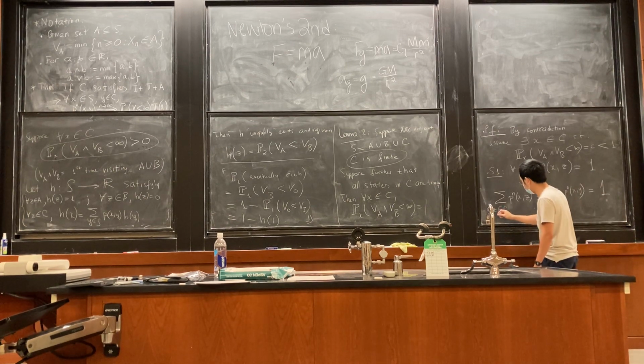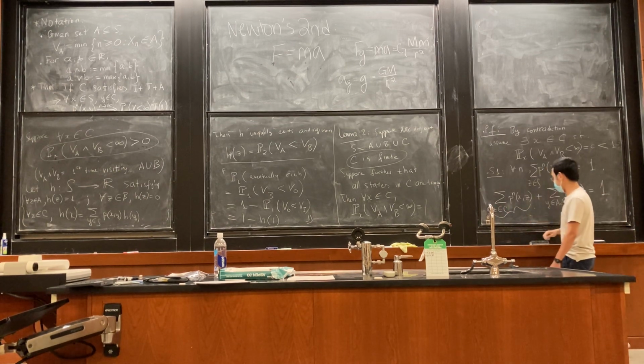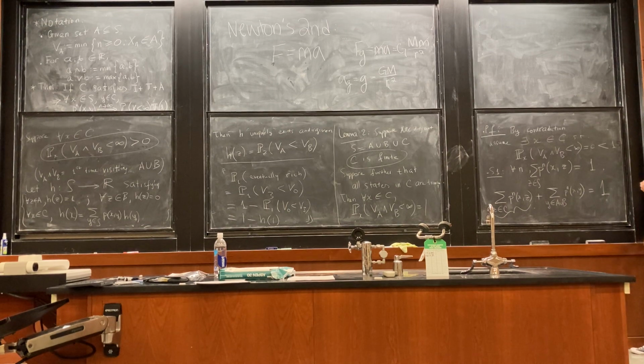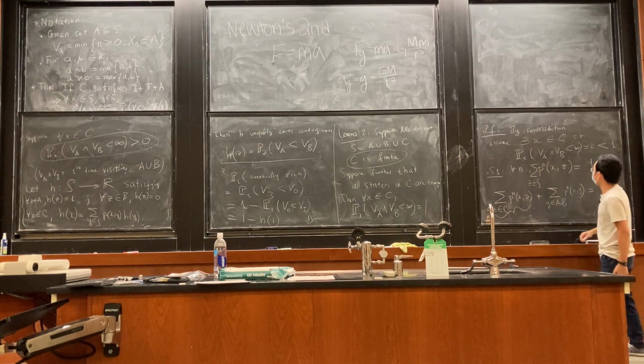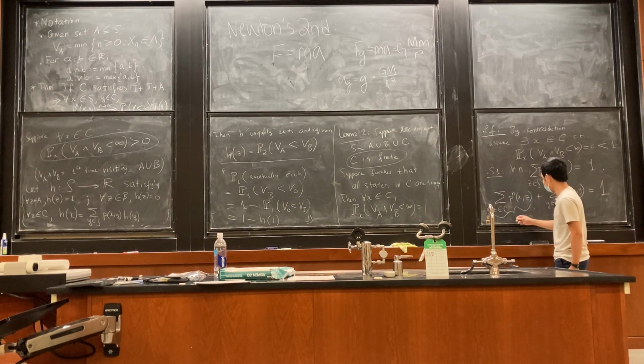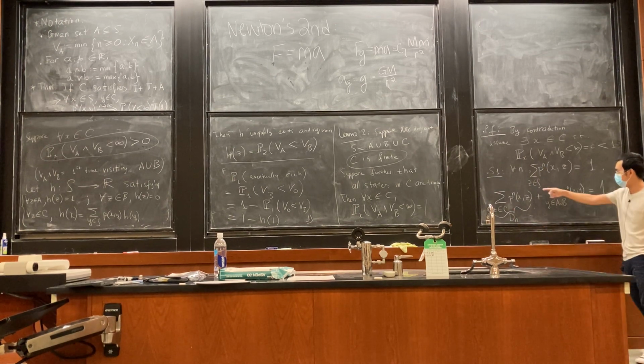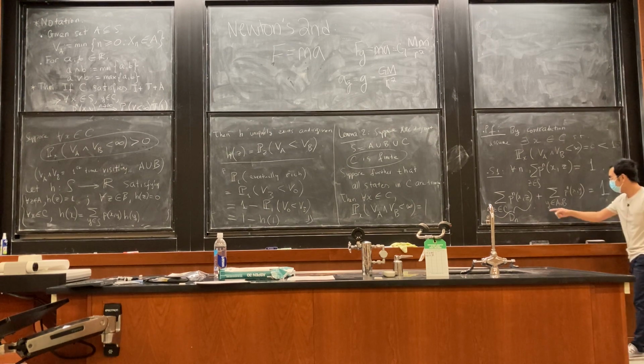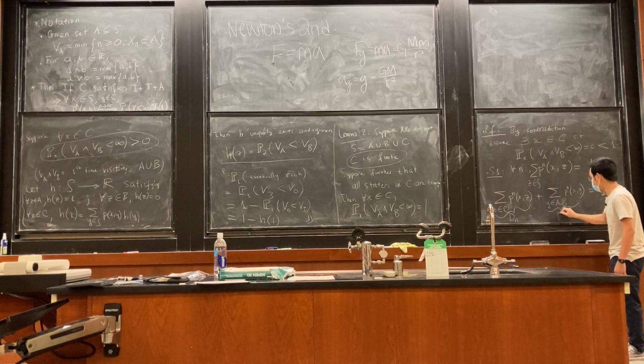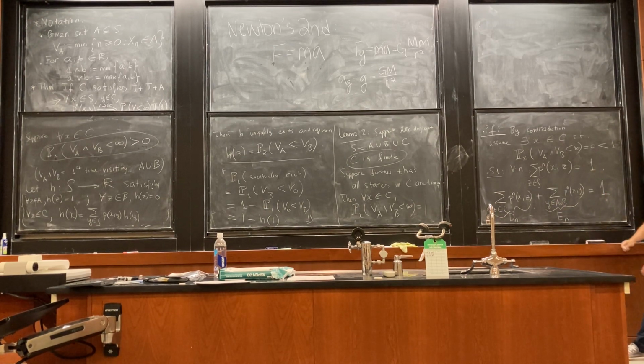For the sake of notation simplicity, let me call the first sum D sub n, depending on the step, and the second one E sub n.